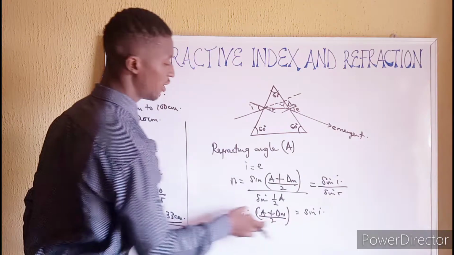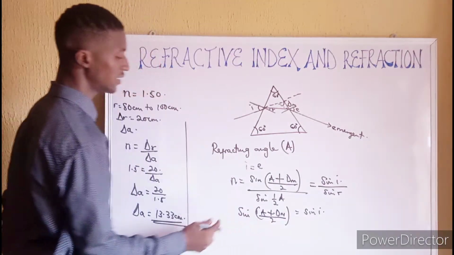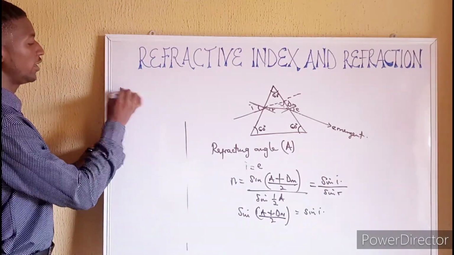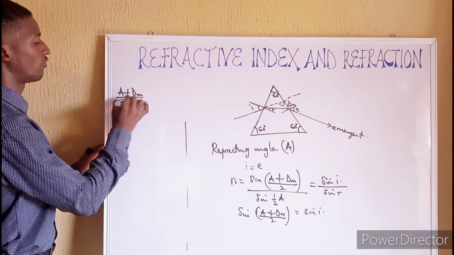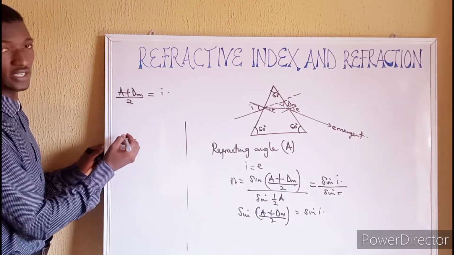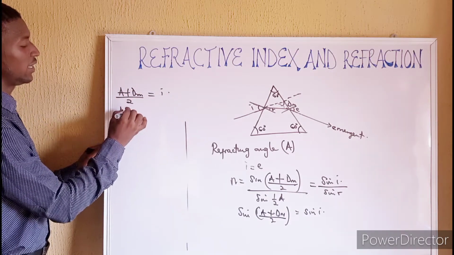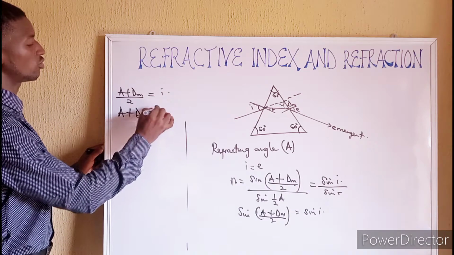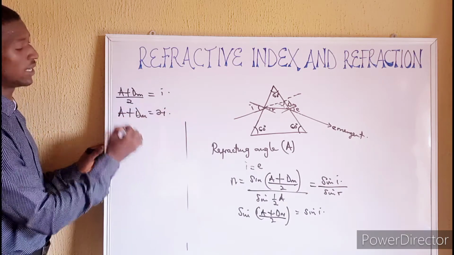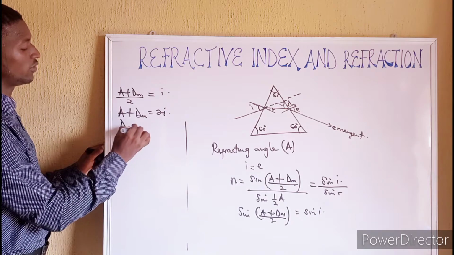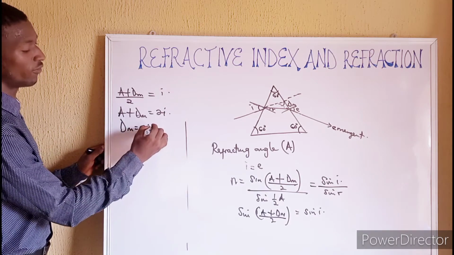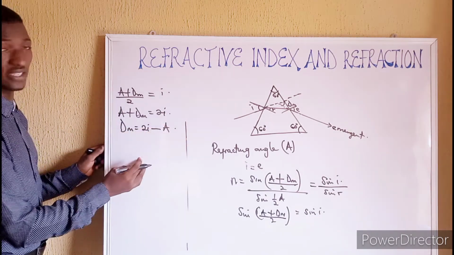When you take the arc sine of both sides, we simply have it that A plus minimum deviation over 2 is equal to angle of incident. Simply stating that A plus your minimum deviation is equal to twice your angle of incident. And here we have that your minimum deviation is equal to twice your angle of incident minus your refracting angle.